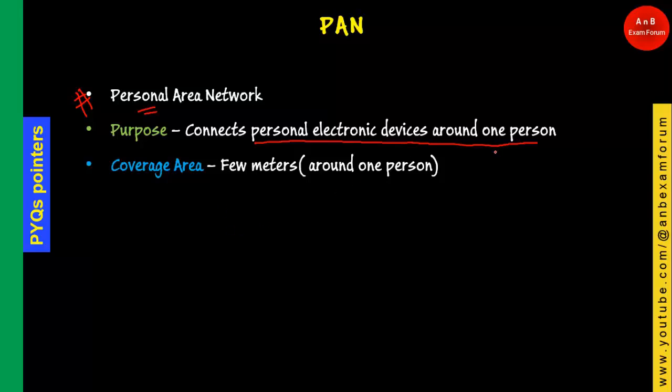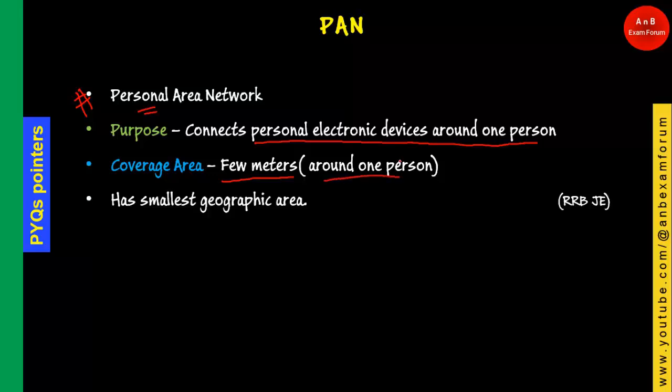As it is connected to personal electronic devices, the coverage area will be minimal. It is around a few meters. It is very important that since the coverage area is very small, it has the smallest geographical area. Okay, so this network has the smallest geographical area because it is going to cover only a few meters.